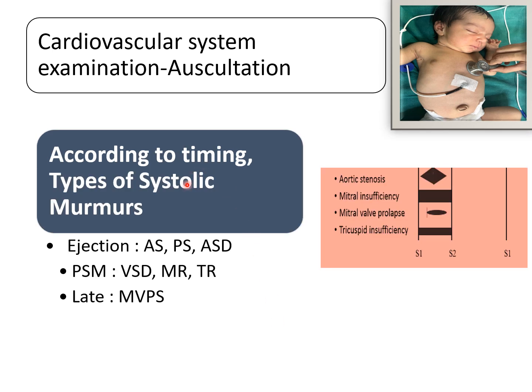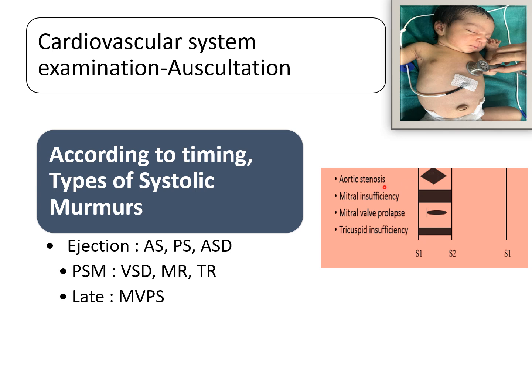According to timing, the types of systolic murmur are ejection systolic murmur, pan-systolic murmur, or late systolic murmur. Ejection systolic murmur is seen in aortic stenosis, pulmonary stenosis and atrial septal defect. Here in this image you can see the diamond shape of the murmur in aortic stenosis.